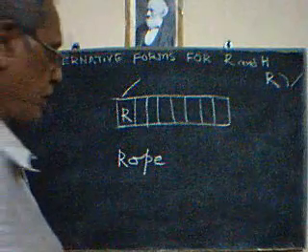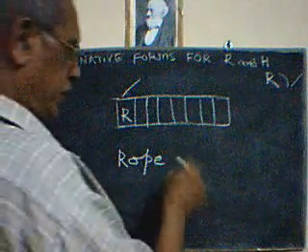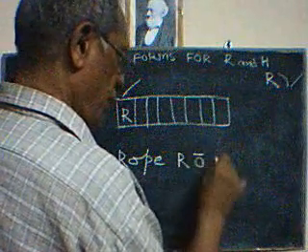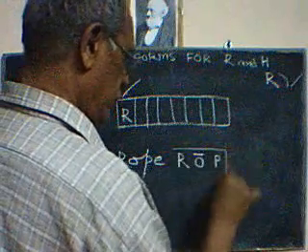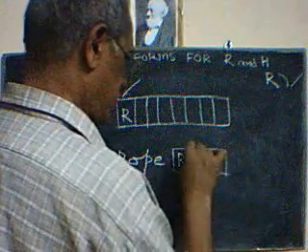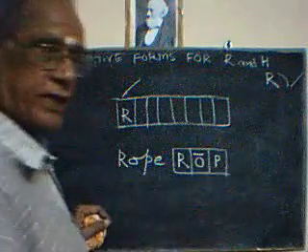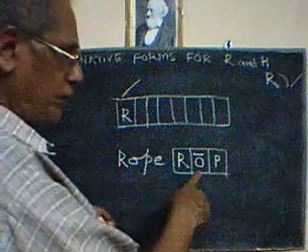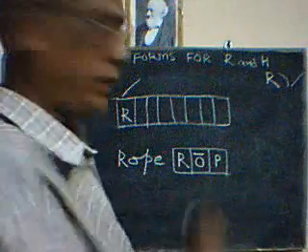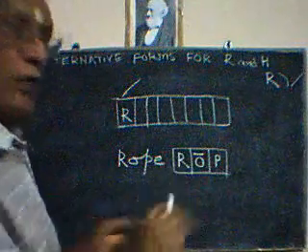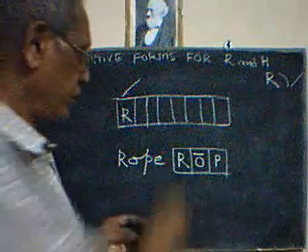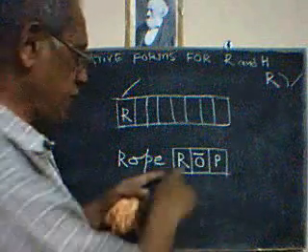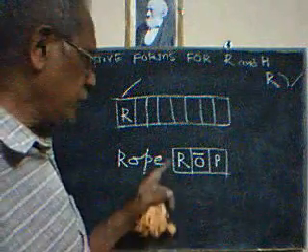Rope. The phonetic structure is consonant R, vowel O, consonant P. Now, outline formation. In this word the first consonant is R, and before that there is no vowel.